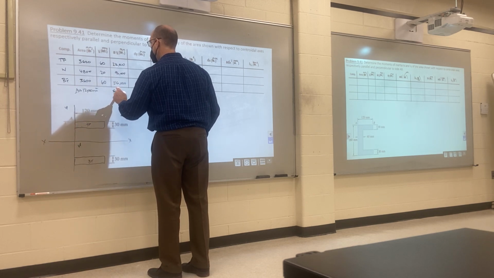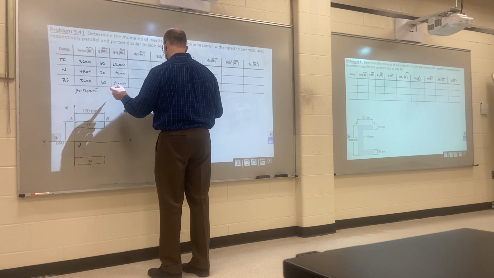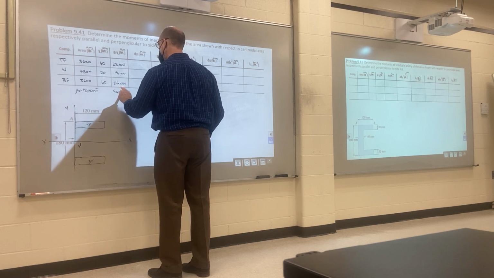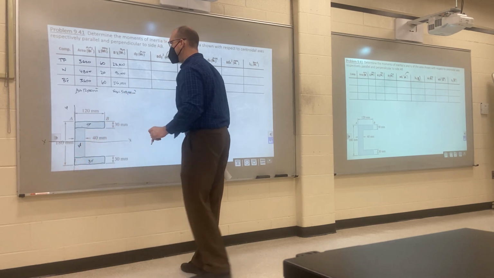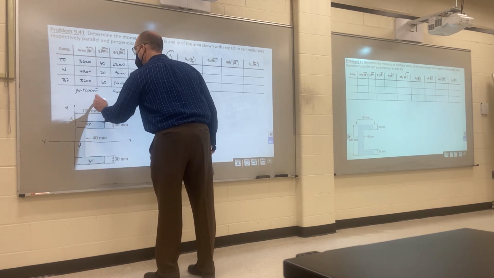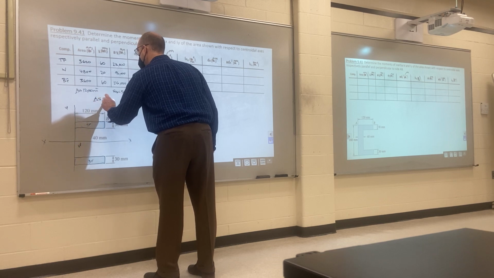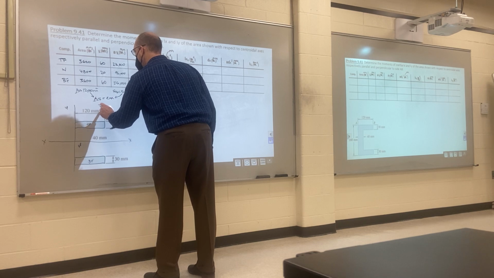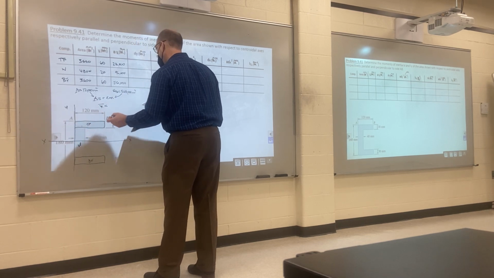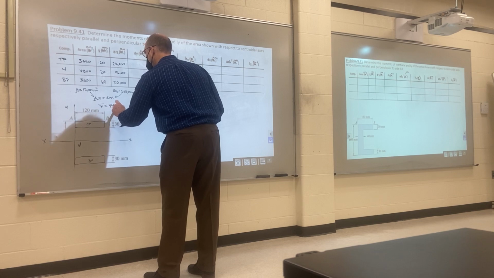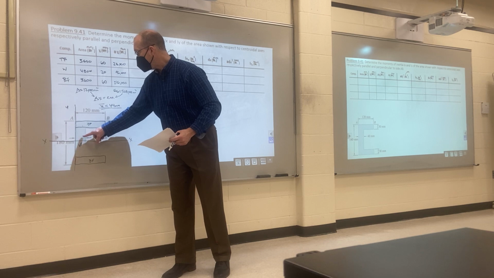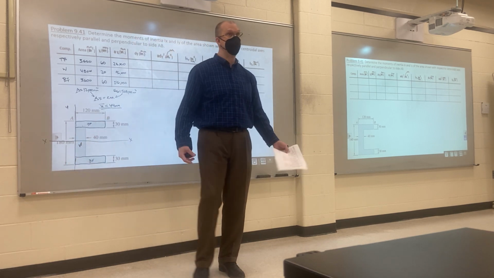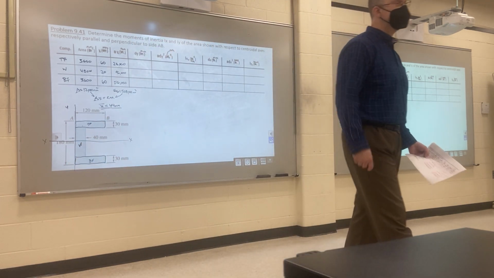The sum of Ax is equal to 528,000 millimeters cubed. And as we know, the total area's moment is equal to the sum of the component areas' moments, and we can solve for x bar. It is 44 millimeters. And again, I say to myself, does that seem correct? It's almost exactly what I said it was going to be, so I said, that's probably right.